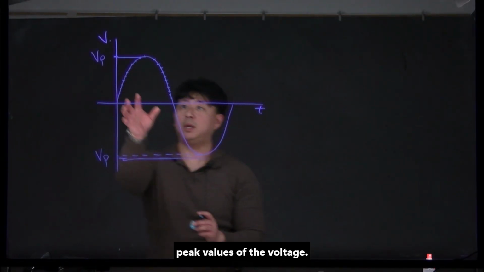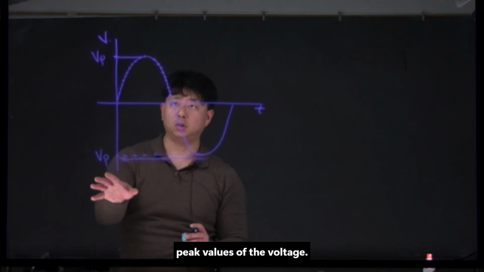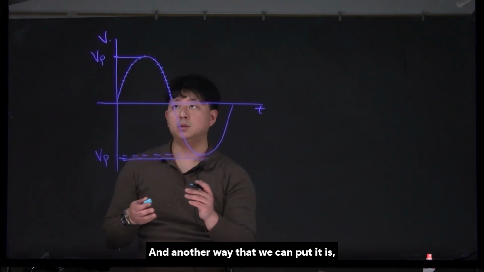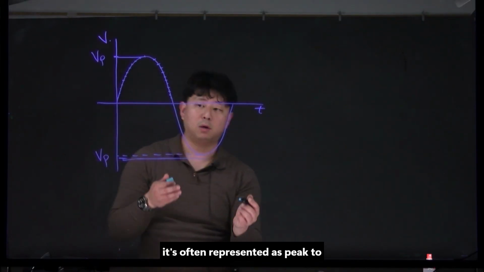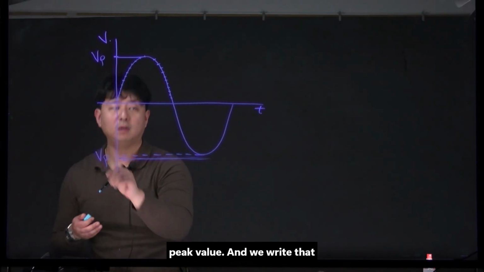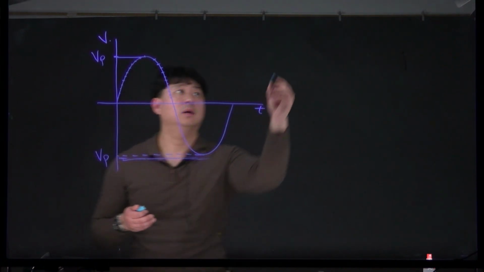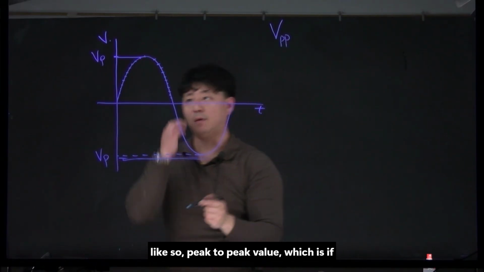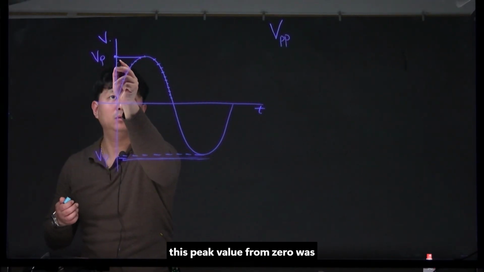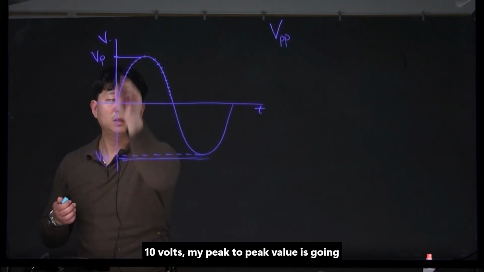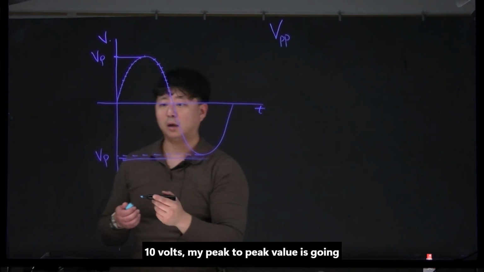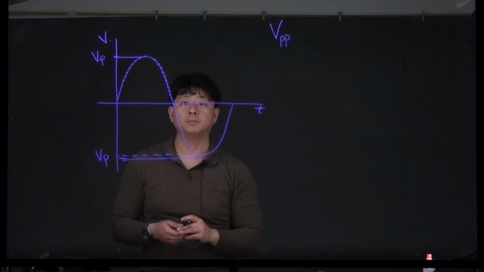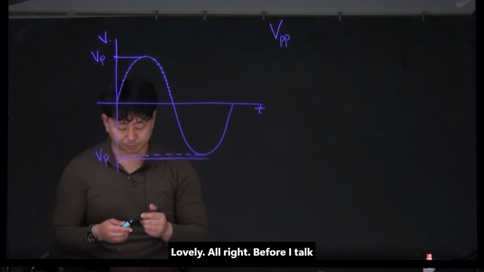So we have the peak values of the voltage. Another way that we can put it is, it's often represented as peak to peak value, and we write that like so. If this peak value from 0 was 10 volts, my peak to peak value is going to be 20 volts. Make sense? Lovely. All right.